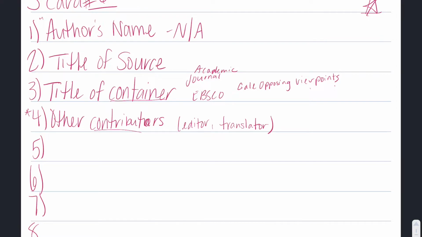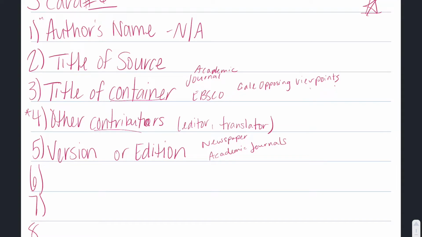Number 5 is the version or edition number. You will see this oftentimes with newspaper articles or academic journals. Again, this might be something that you do not have if your source doesn't fall into one of those categories.